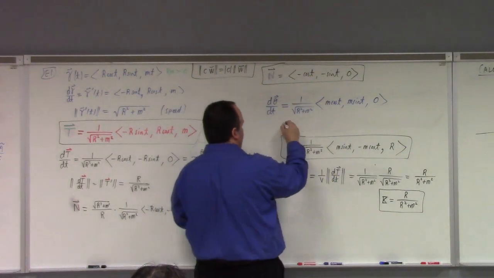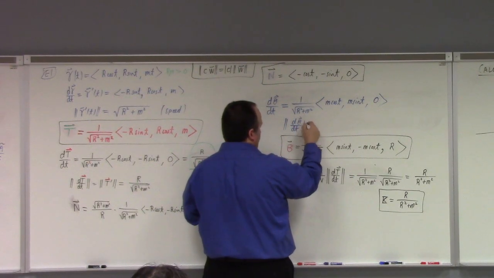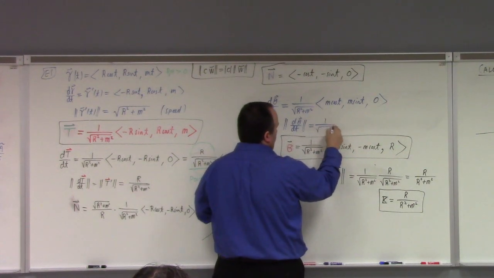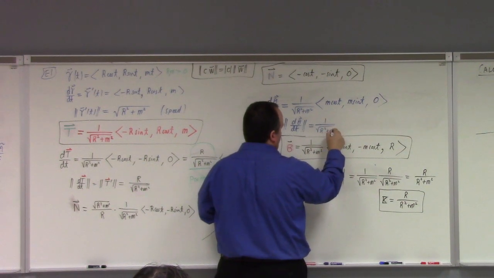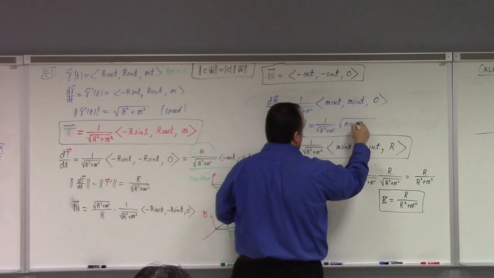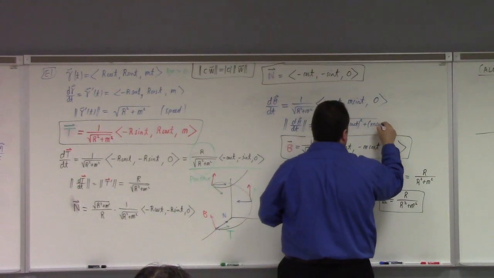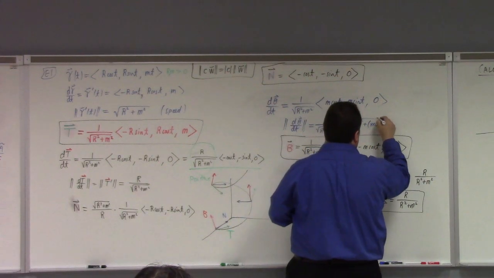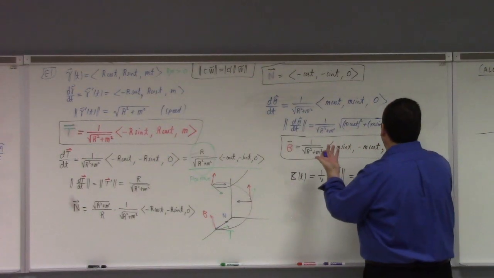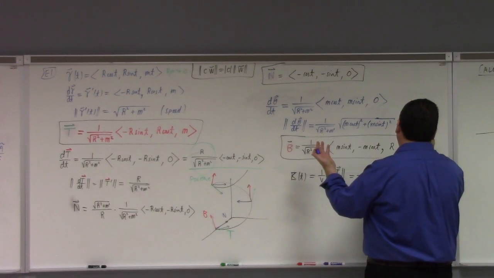Okay, so what's the length of dB dt? I'll actually write it out for once. That's just a really complicated way of writing m. So m over the square root of r squared plus m squared.